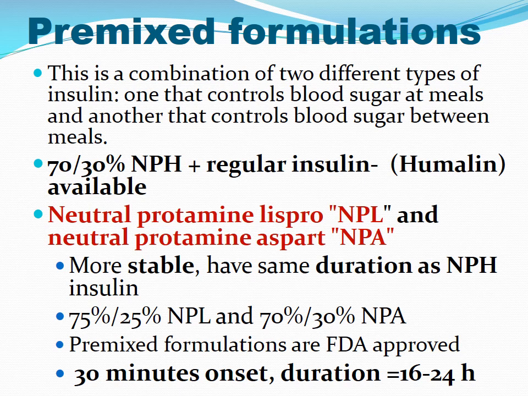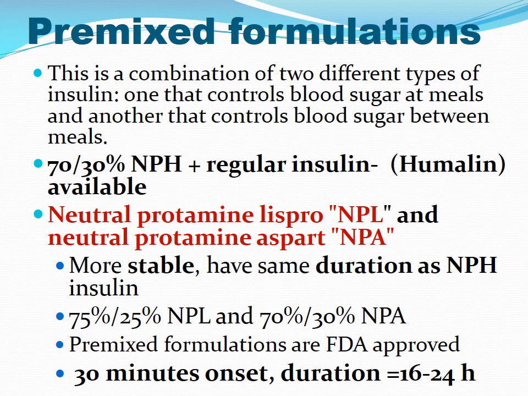NPH will not act until about 1 to 5 hours, delayed onset. Regular insulin acts within 30 minutes and has a duration of about 6 to 8 hours, so it will compensate for the delayed action of NPH insulin.